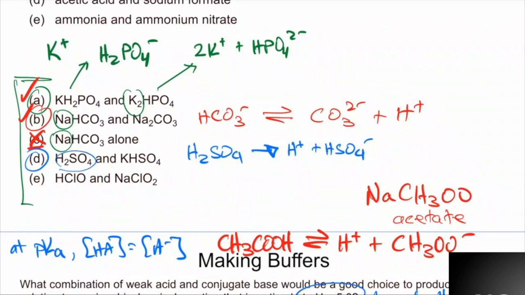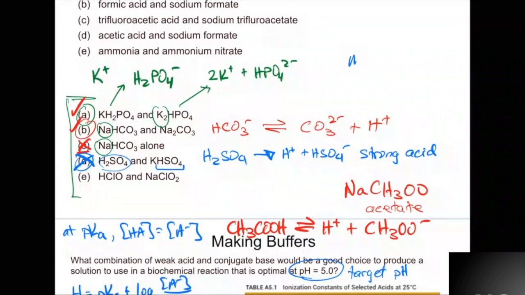There's no equilibrium here. So even though HSO4 minus is the conjugate base, and this is an acid-base conjugate pair, it has to be of a weak acid. It can't be strong. If it's strong, it goes 100% to the products, and there is no measurable equilibrium that we can use to the advantage of a buffer. So this is no, because it's a strong acid. It must be weak.